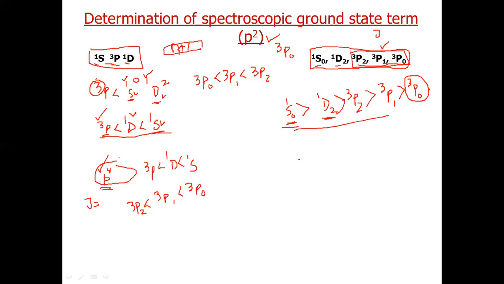So the order will become 1S0 has the highest energy, then 1D2, then 3P0, then 3P1, then 3P2. Now for a p4 system, even though the term symbols are the same, the symbol with the lowest energy is 3P2. For the p4 system, the ground state term is 3P2.